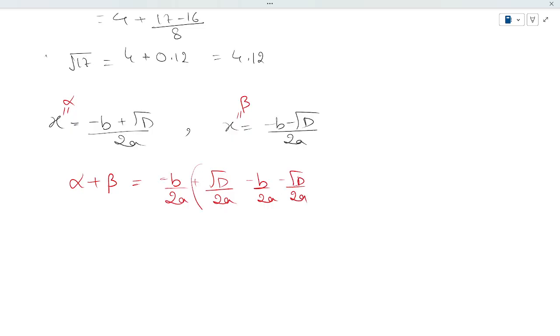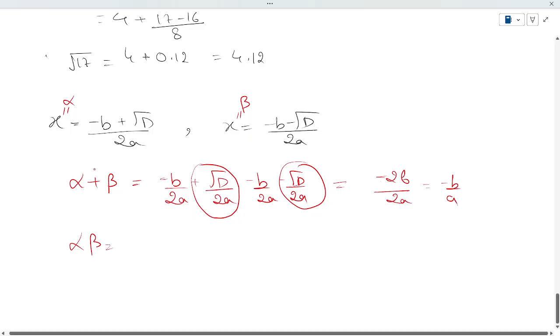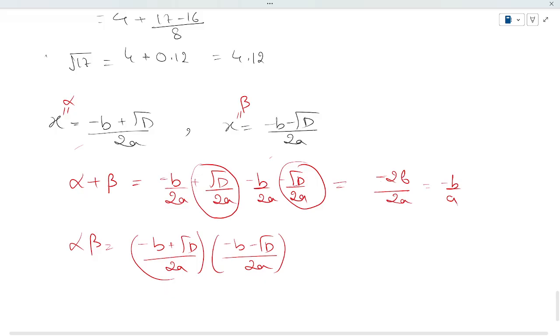Here you can see this term and this term will be cancelled out, right? So we can write minus 2b upon 2a. Here we get minus b upon a. And if you multiply these two roots, there is one identity.